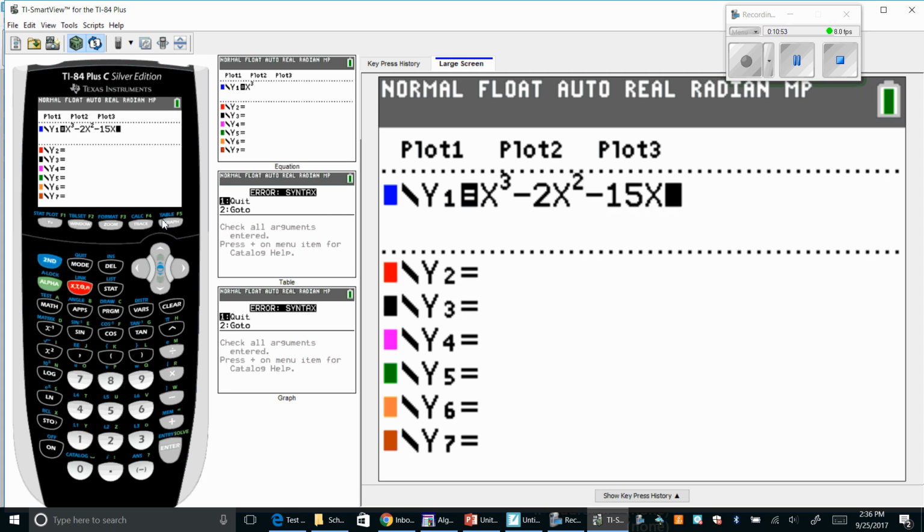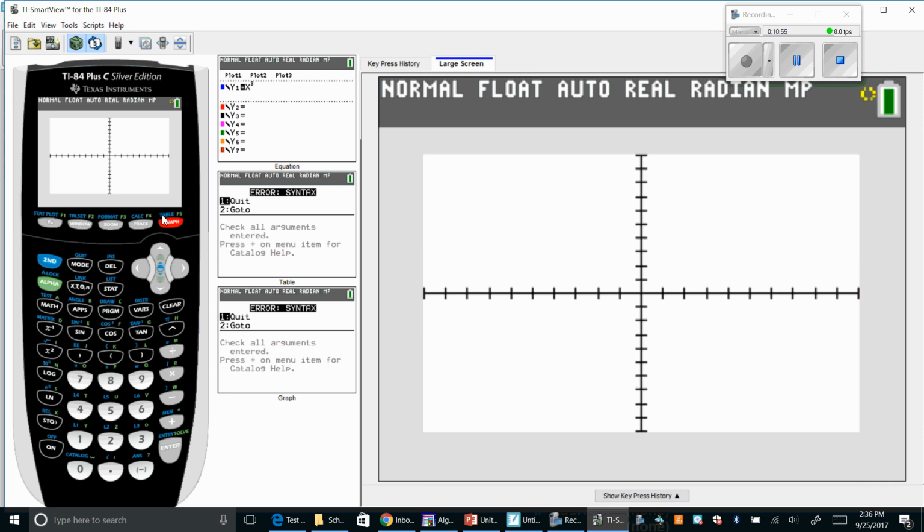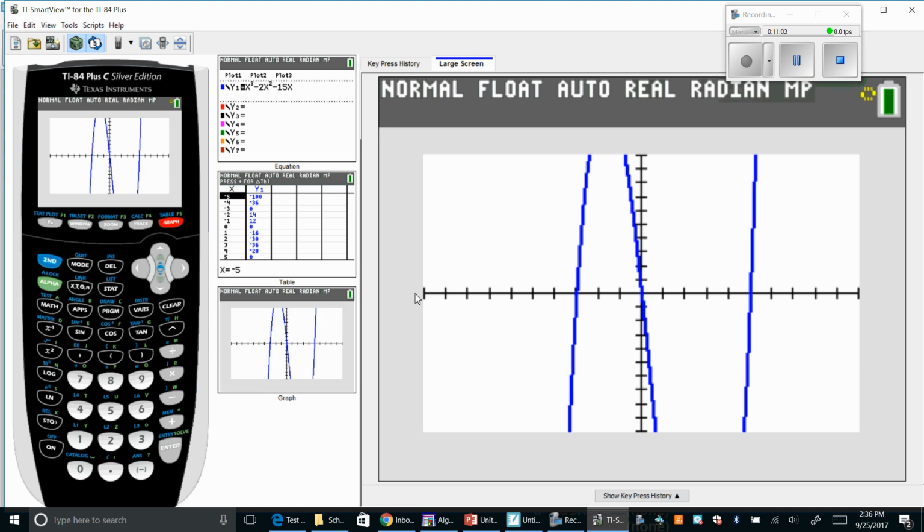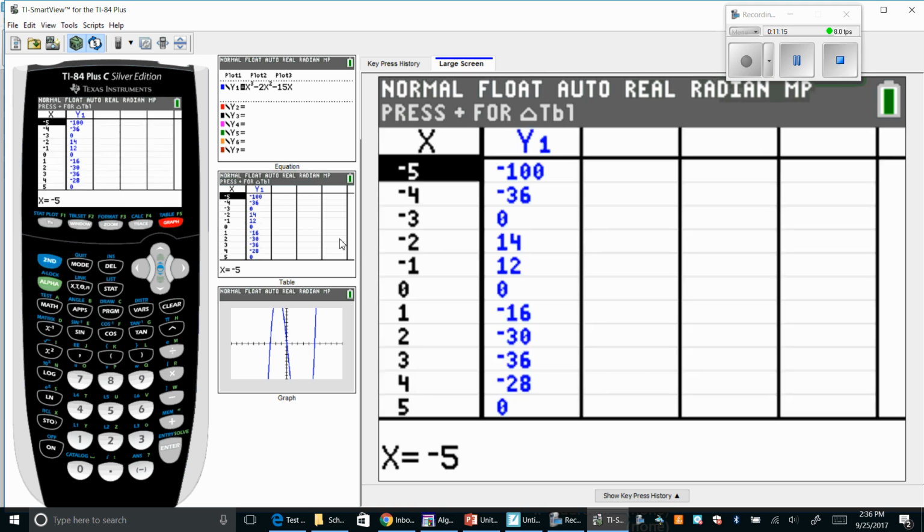And when I do this, I'm not going to see them all because one of them was at, I think, I'm missing one. Oh, no, I got them all. Right here, and right here. And you can do the second trace too, or you can go to your table. And on the table, I can see the zeros are at negative 3, 0, and positive 5.